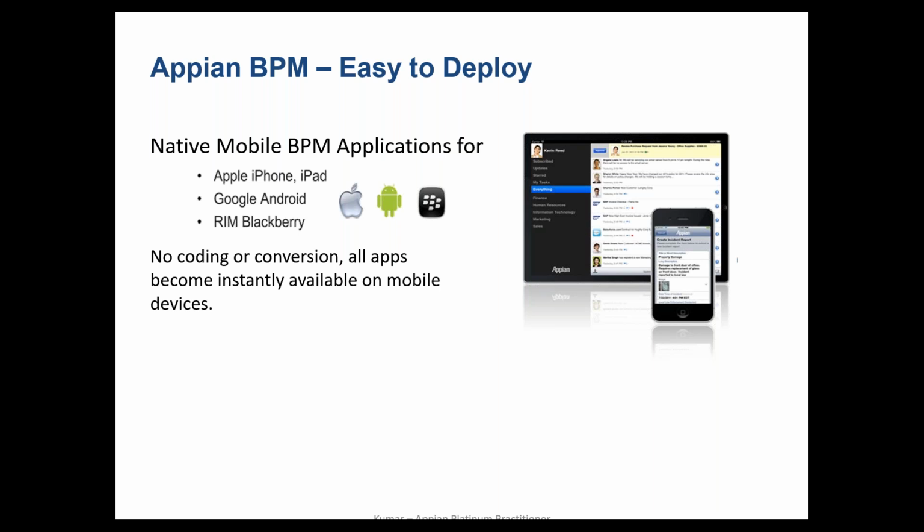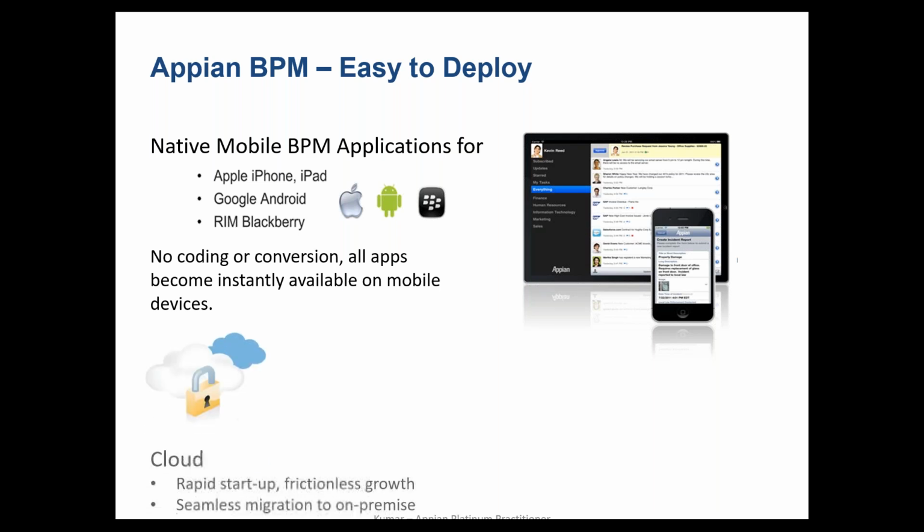Otherwise, your application will work exactly the same on whatever device is selected: desktop, laptop, browser, everywhere. Totally on cloud, rapid startup, frictionless growth, seamless migration from one premises to another, meaning deployment and upgrade are very seamless, and everything happens through the browser.